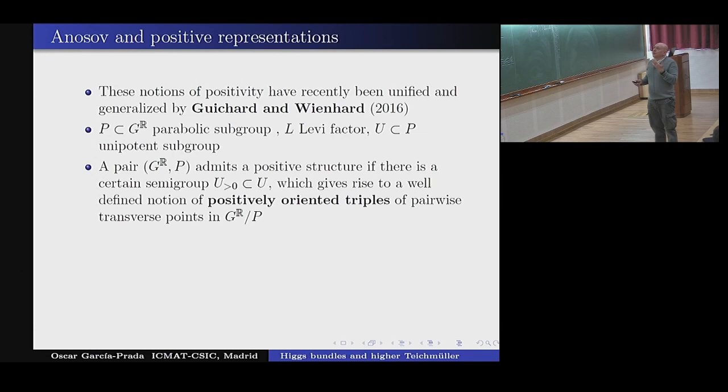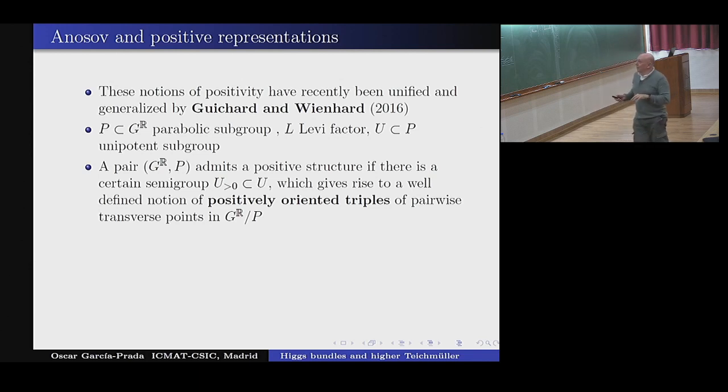It's a positivity for a real group equipped with a parabolic subgroup, right? Somehow the main ingredients are that you have the Levi of this parabolic and you have the unipotent subgroup. If you have such a pair, you can manage, in the unipotent group, to find a semigroup of positive elements. There are some ways of doing that for certain groups.